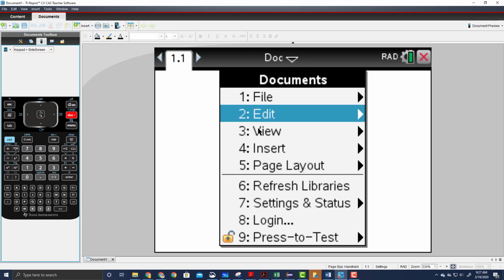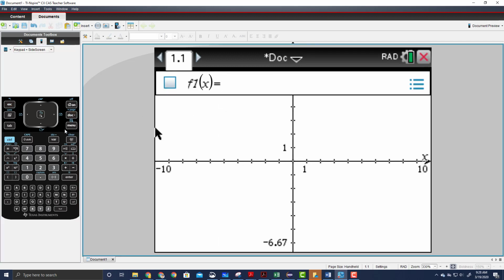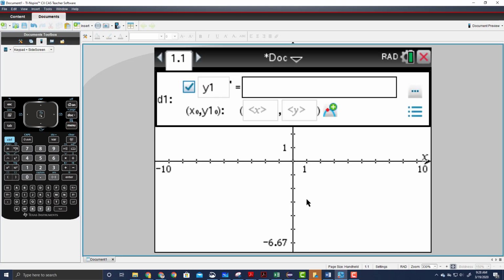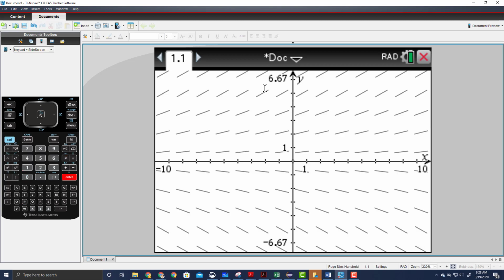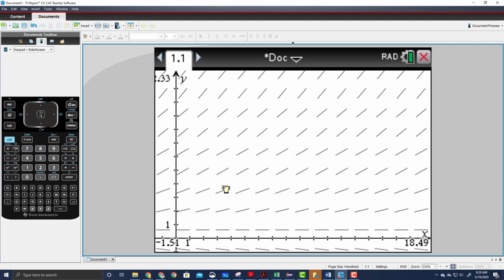Let's say insert a graph, and we're going to change to DiffEQ mode, and we'll use P here as our variable. We'll say that P prime equals, and let's say our investment grows at 10%, so that would be 0.1 times P.